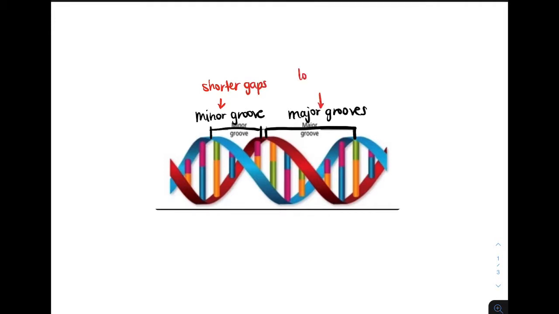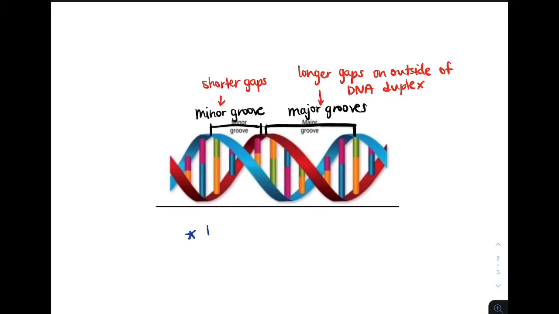A major groove is the larger gap on the outside of the DNA duplex. These are important because transcription factors and proteins that we will talk about later use these grooves to recognize sequences on the DNA.